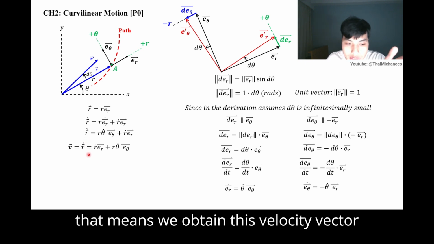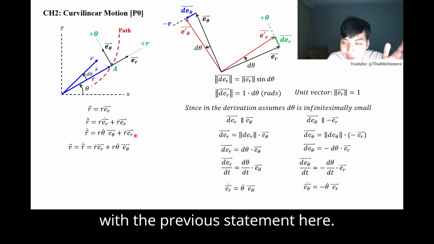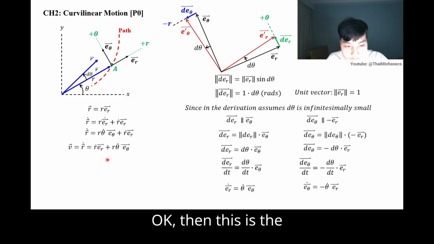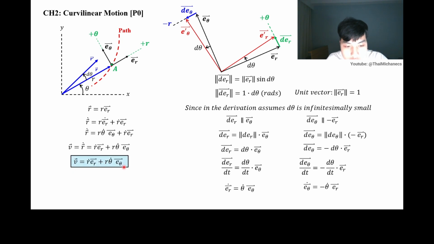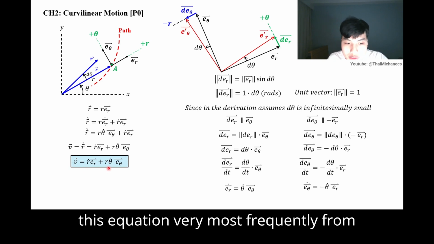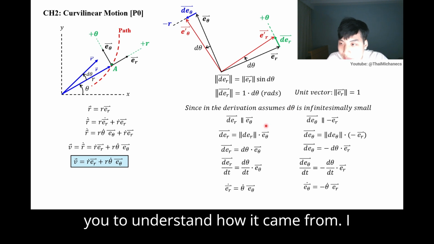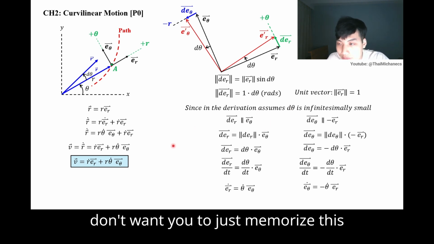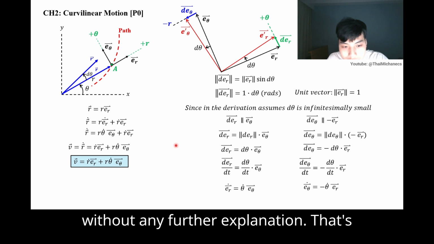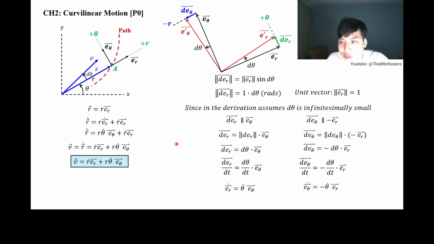So we obtain this velocity vector with the previous statement here. This is the background of how this famous equation came about. You will use this equation very frequently from now on. I would like you to understand how it came about, and I don't want you to just memorize it without any explanation. That's why I dedicate this slide to explain this background.